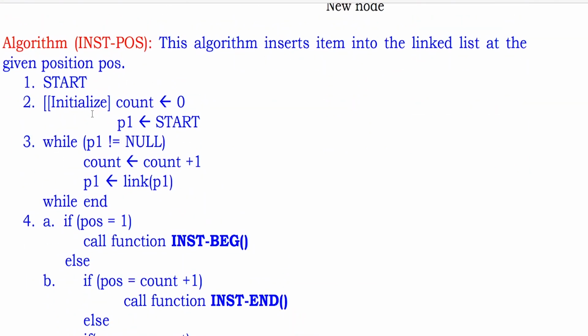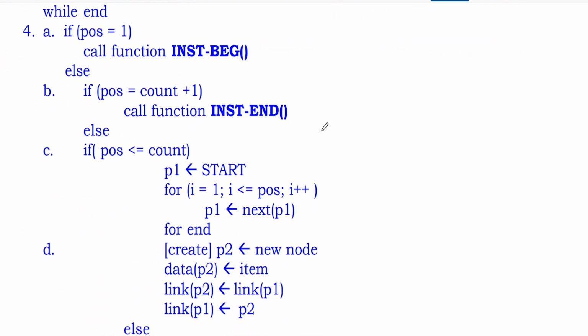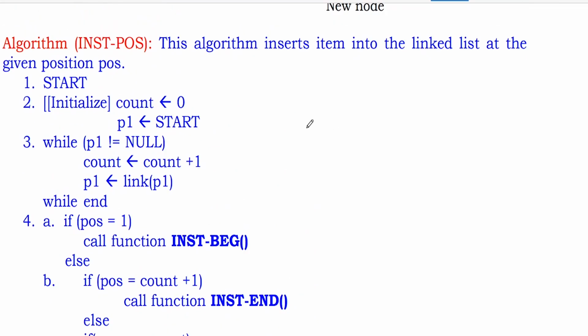To start with, initialize some counting, because we do not know exactly how many nodes are in the linked list. So let me take 4 nodes for simplicity's sake, so that it becomes easy to understand. This is the first node, and we have a second node, and then a third node, and one more.